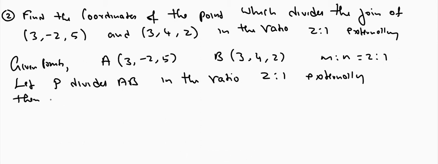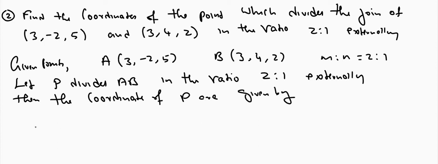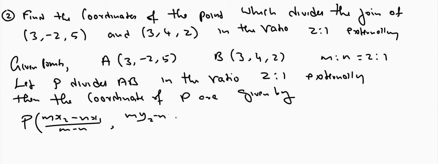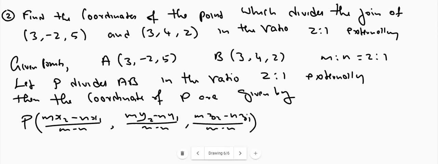Then the coordinates of P are given by (mx2 - nx1)/(m - n), (my2 - ny1)/(m - n), (mz2 - nz1)/(m - n). Here m is 2.